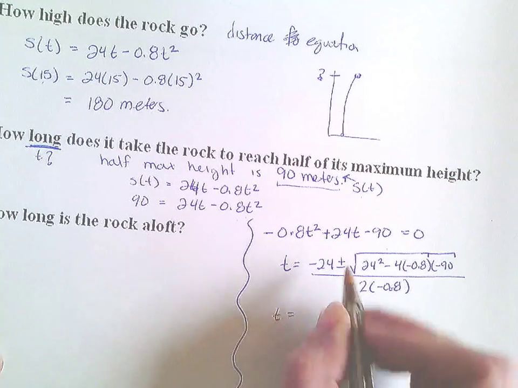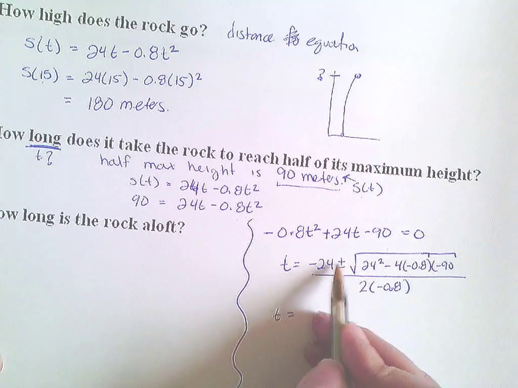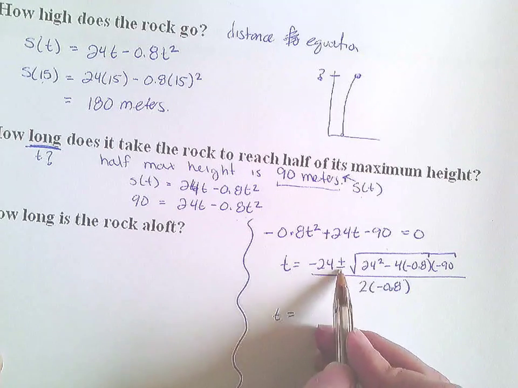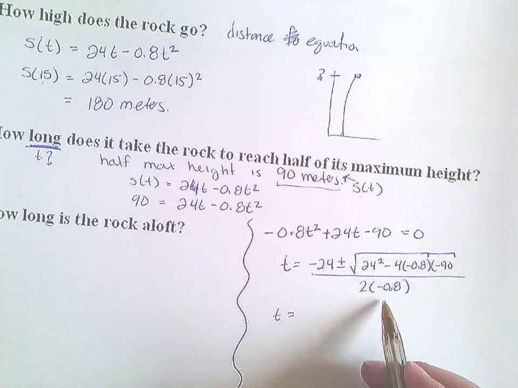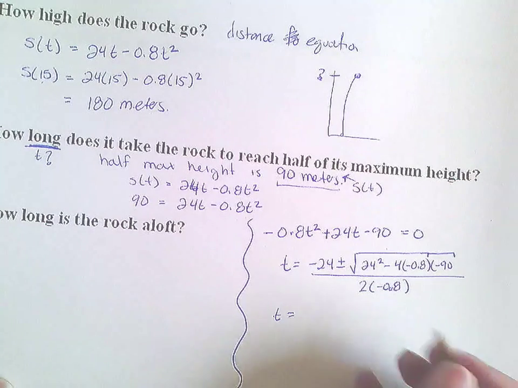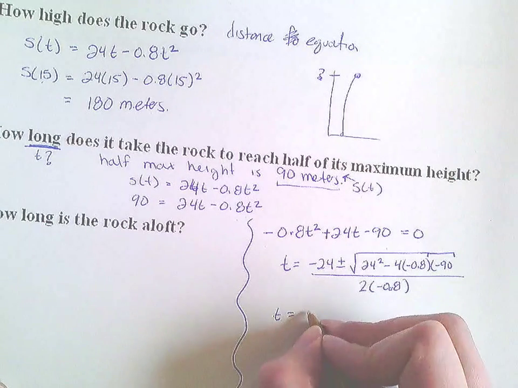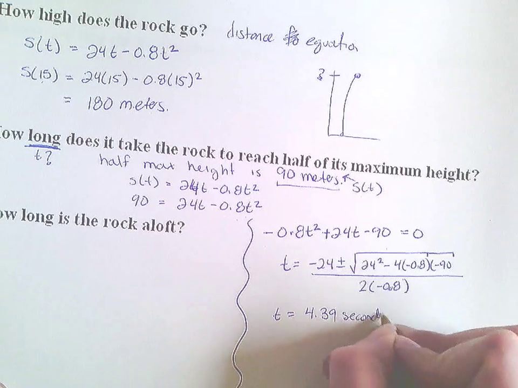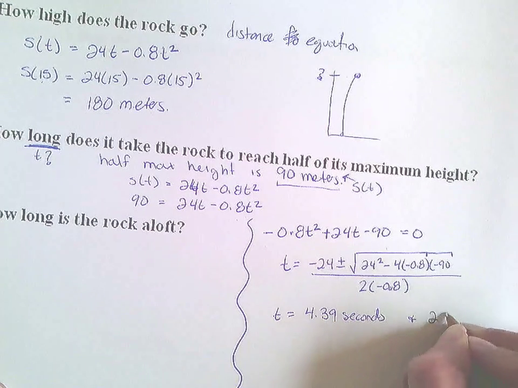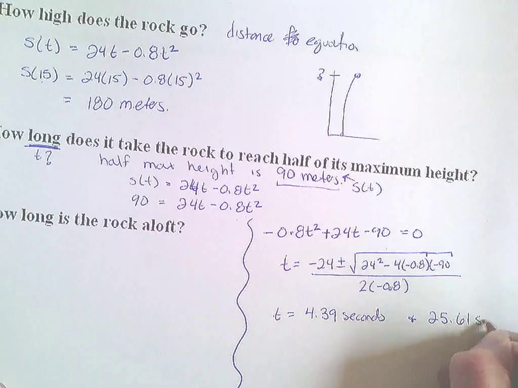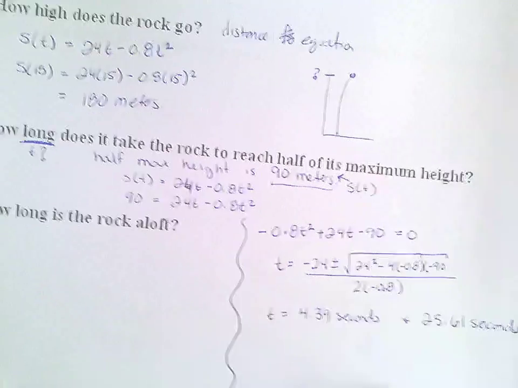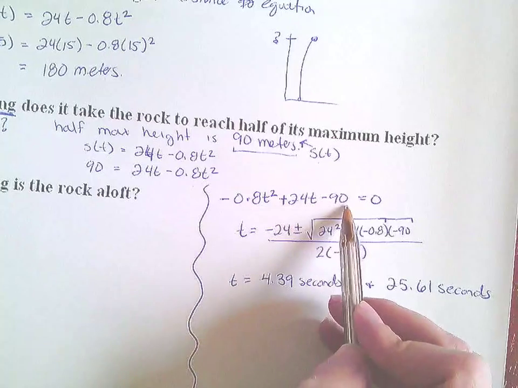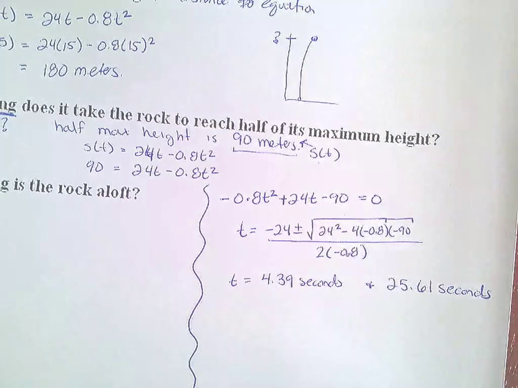And of course you do this twice. You do it with negative 24 plus all of this divided by this, and then negative 24 minus all of this divided by this, and it has to be done in the calculator, and you end up with two answers at 4.39 seconds and 25.61 seconds. Now remember, another way that you can solve this is basically plug that into the calculator and find the zeros.